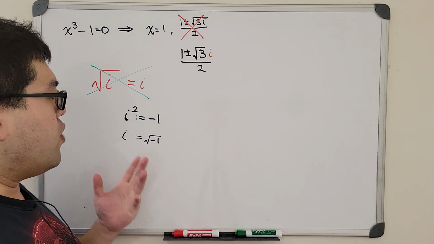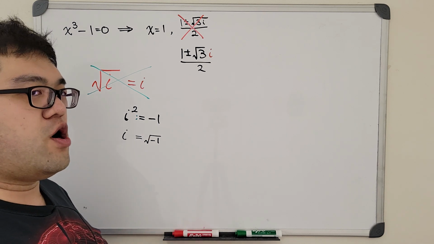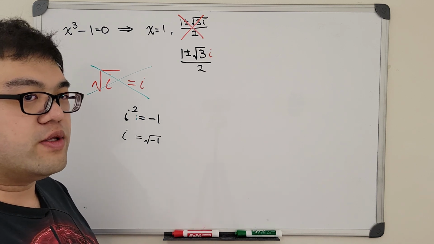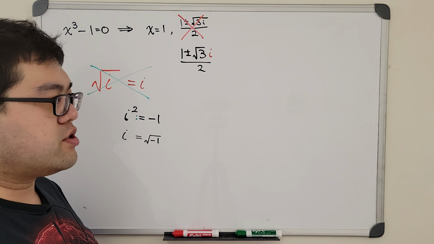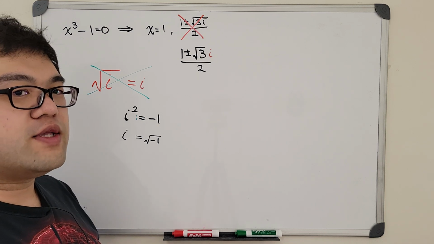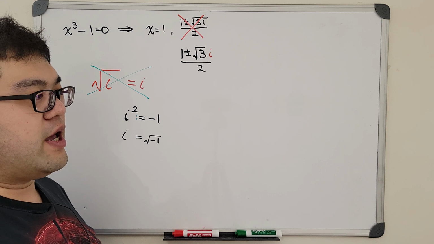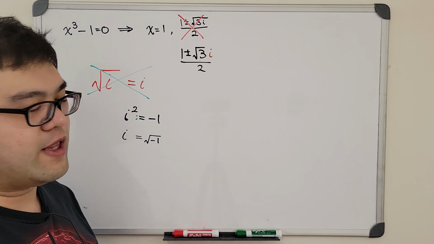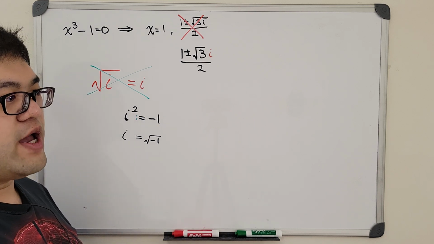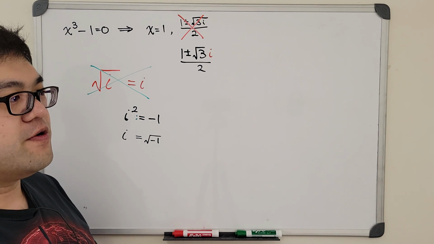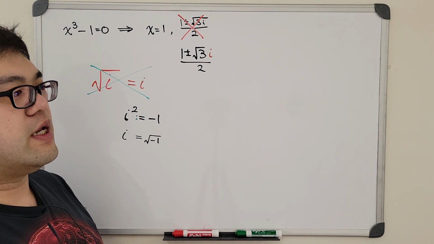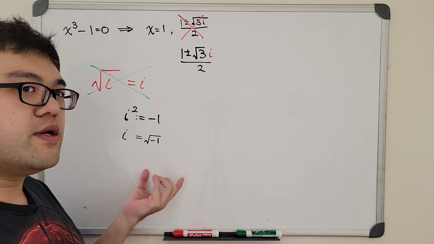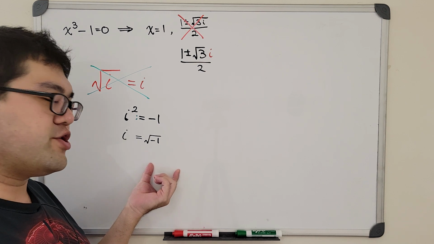That is because when we use the symbol, or you can think of it as an operation, we want to make sure that there is only one output coming out, meaning there is only one answer. It has to be unique. So if there are supposed to be two or more answers, we need to think of it as a branch cut, meaning that there is a cutoff point or a cutoff line, so that after the cutoff, all the other possible answers turn invalid if we use the particular symbol or operation.